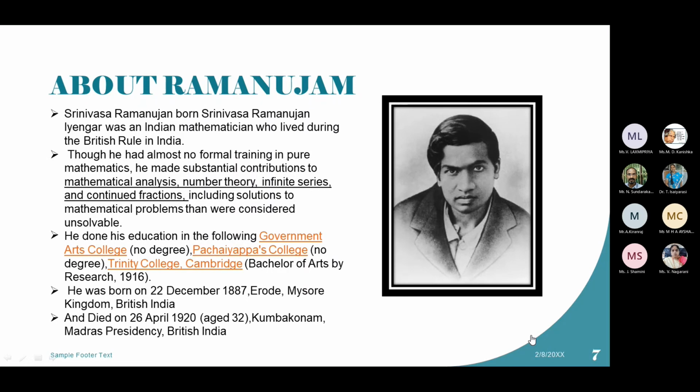He did his education at Government Arts College, Pachaiyappa's College, and Trinity College, Cambridge. At Trinity College, he received a Bachelor of Arts by Research in 1916. He was born on 22 December 1887 in Erode, Mysore Kingdom, British India, and died on 26 April 1920, aged 32, in Kumbakonam, Madras Presidency, British India.